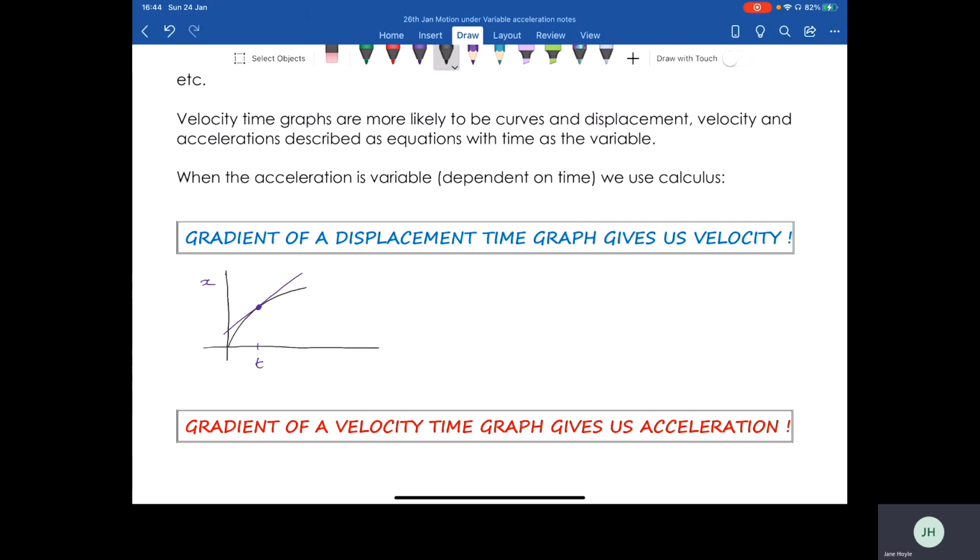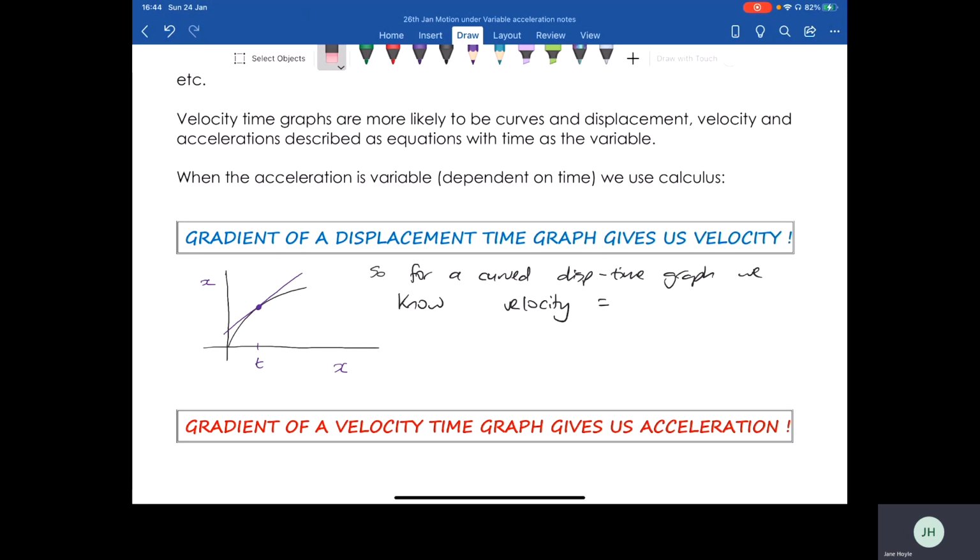So for a curved distance or displacement time graph, we know then that the speed or velocity is equal to, well, dy/dx is what we would write if we had y and x appearing here.